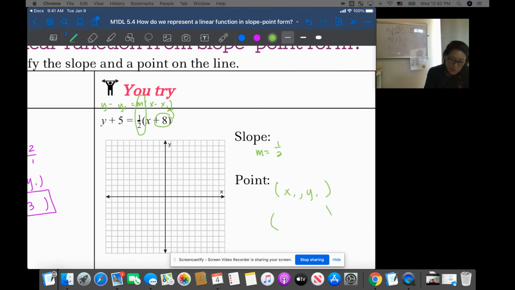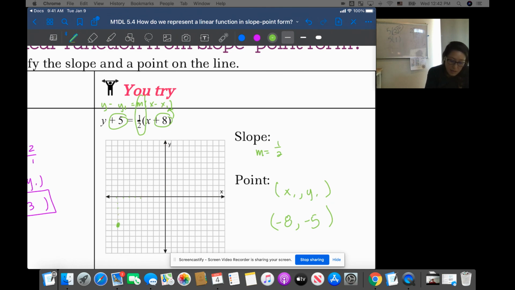So the opposite of 8 is -8. 5 is the opposite of y1. So instead of +5, it's going to be -5. So I'm going to go to -8, 5, 6, 7, 8. Down 1, 2, 3, 4, 5.